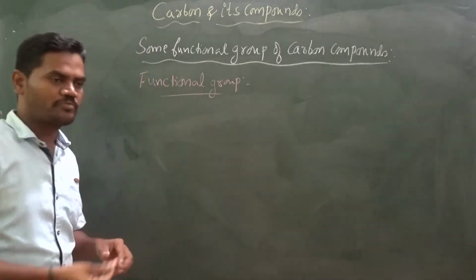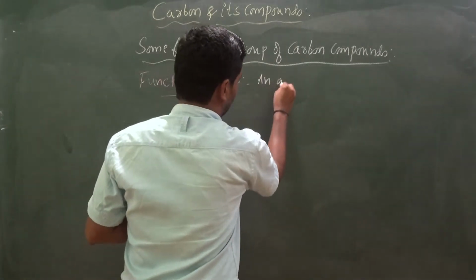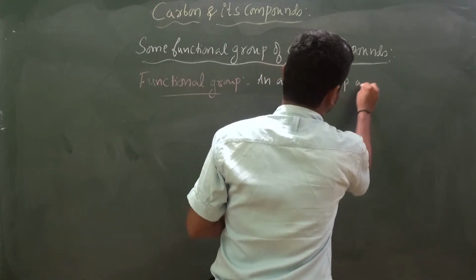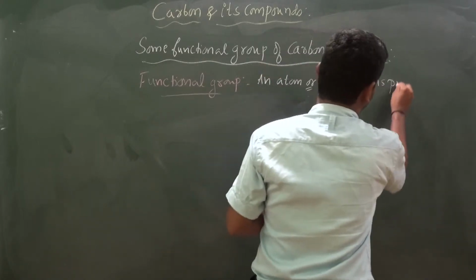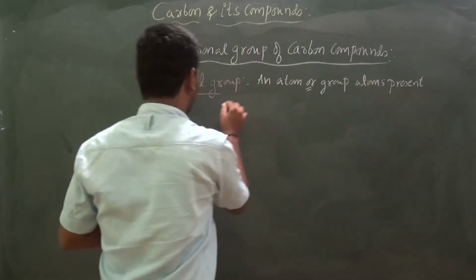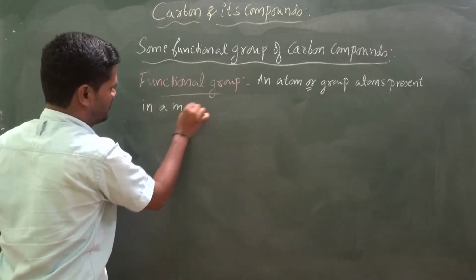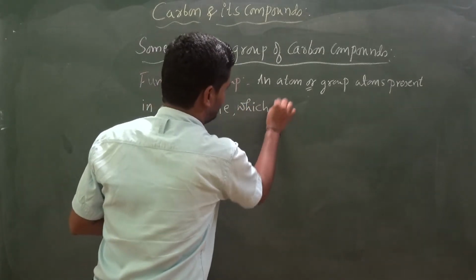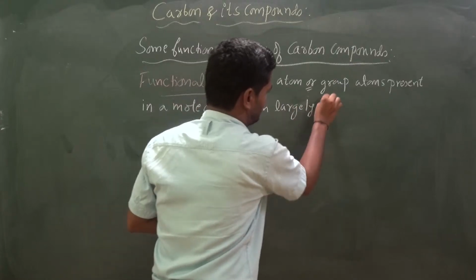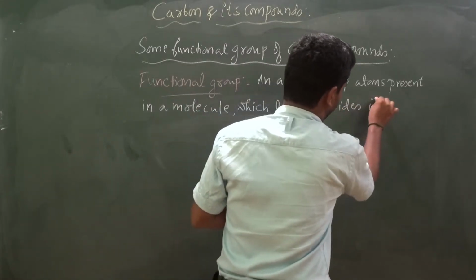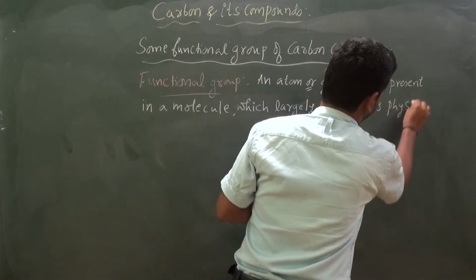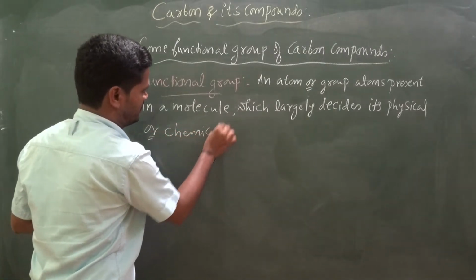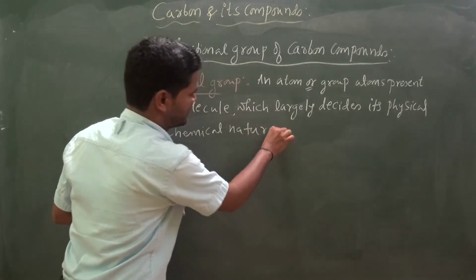Okay, so a functional group is nothing but an atom, or a group of atoms, present in a molecule which largely decides its physical or chemical nature. Then it is known as the functional group.